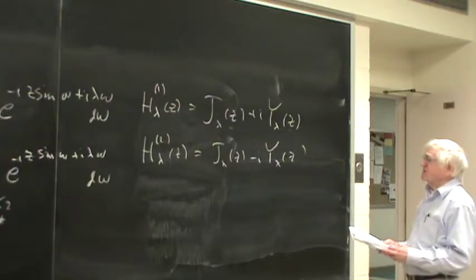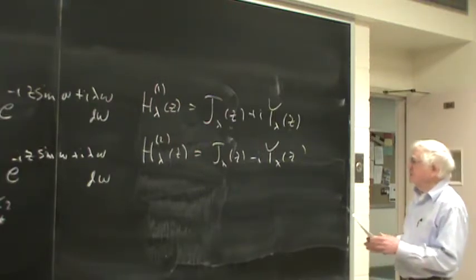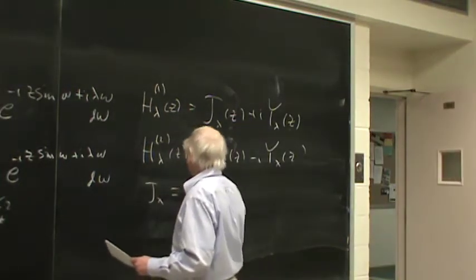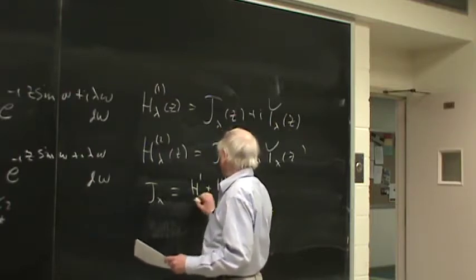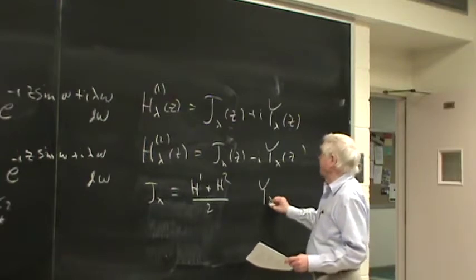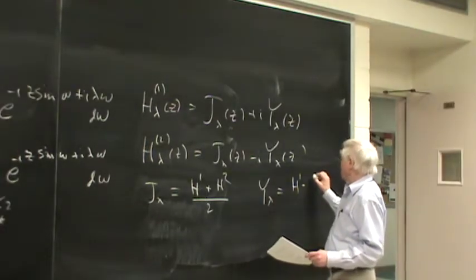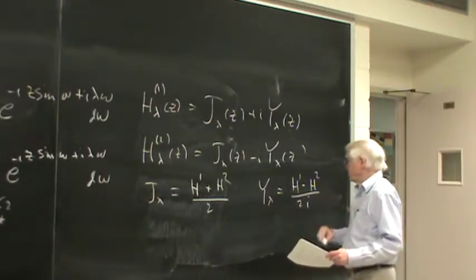And so this expresses j lambda as h1 plus h2 over 2, and y lambda as h1 minus h2 over 2I.